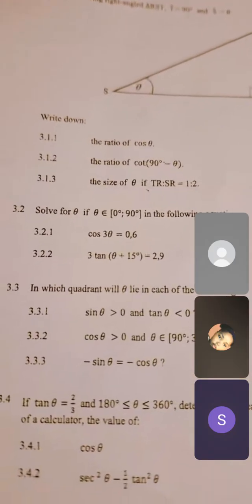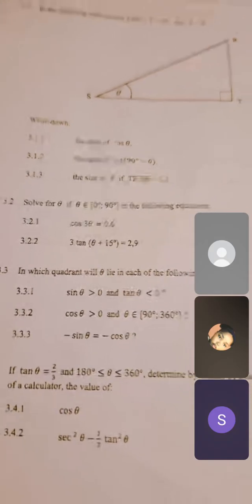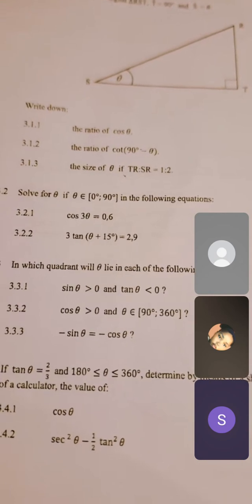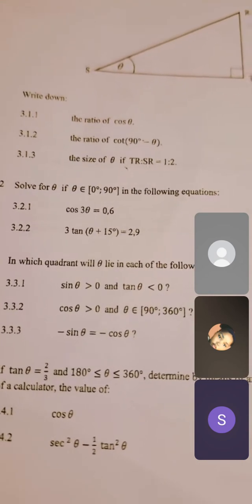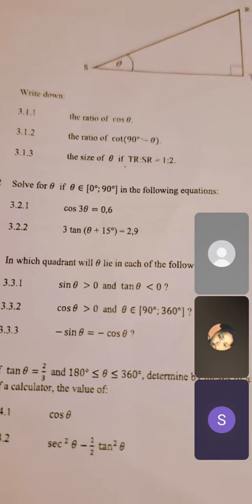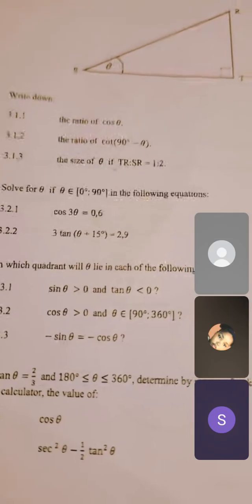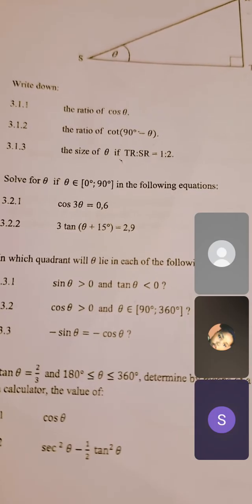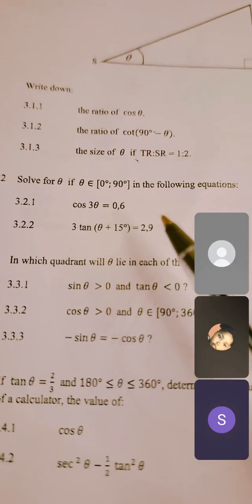Then the next one, 3.2.23: 3 tan of (theta plus 15 degrees) equal to 2.9. I think this is where we have to divide by 3 tan.